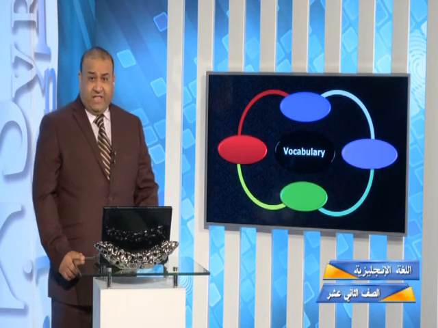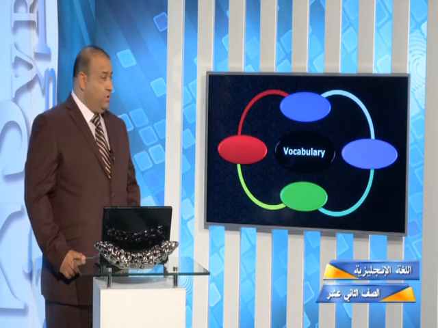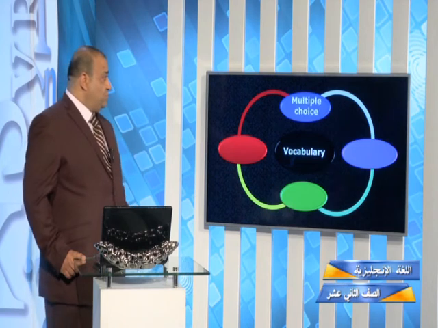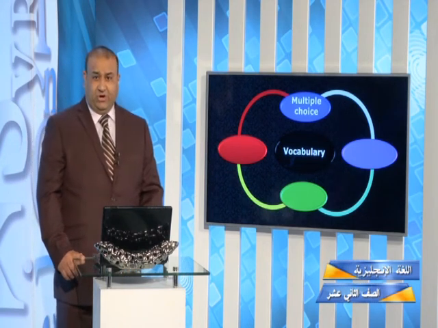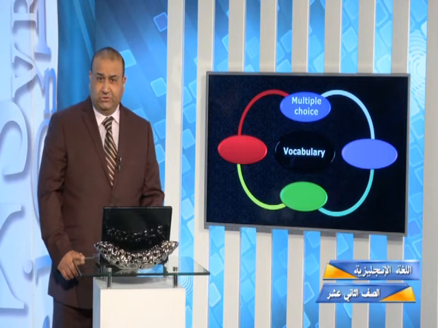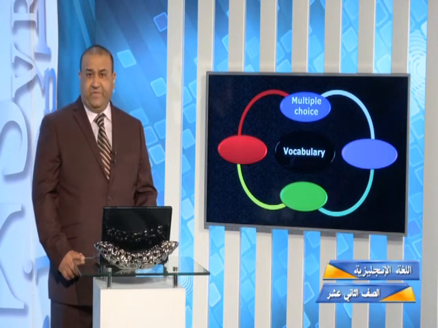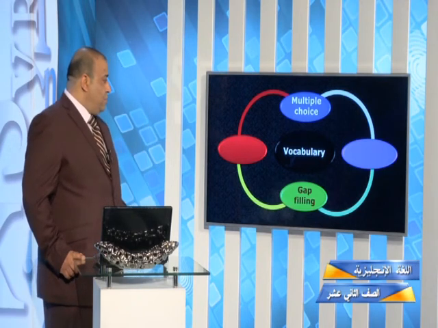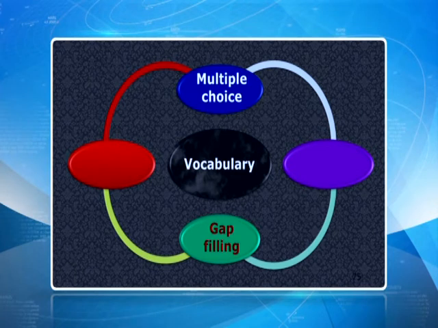In vocabulary tasks, you will have 4 questions. The first one is called multiple choice, in which you are going to choose only one answer from A, B, C, or D. Or you may have a gap filling task in which you are going to fill in spaces with suitable or related words.